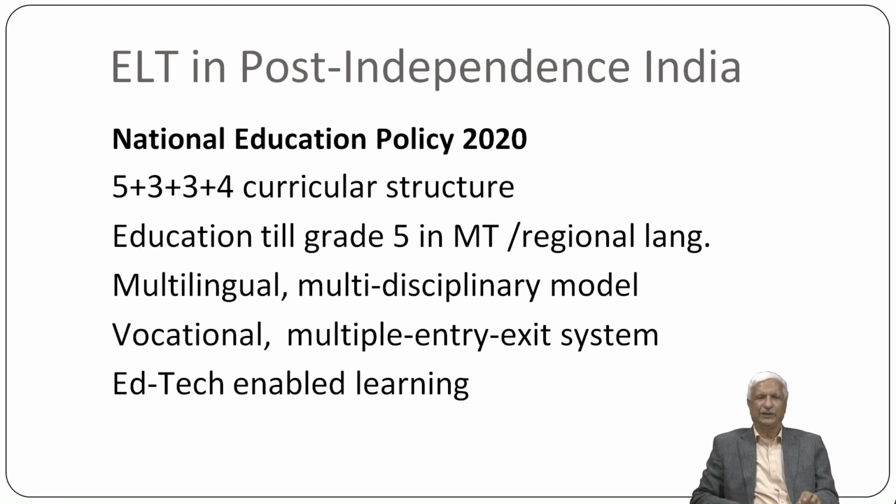Then there should be 3 years of primary education, 3 years of secondary education, and 4 years of undergraduate education. So this is a new curricular structure that has been proposed and officially adopted by the Government of India and by the various state governments.